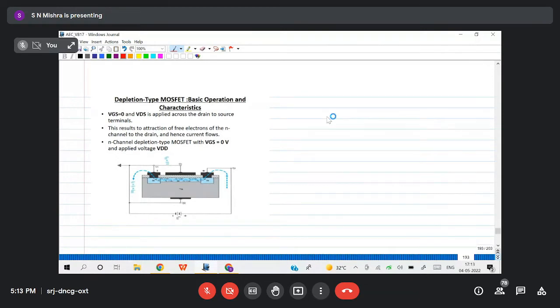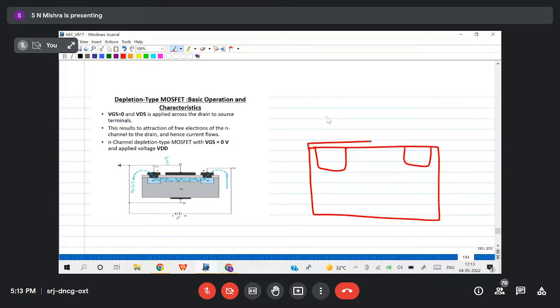See here. Now, if I take the semiconductor component like this, this is P, this is N, this is N. This is also N-type material.